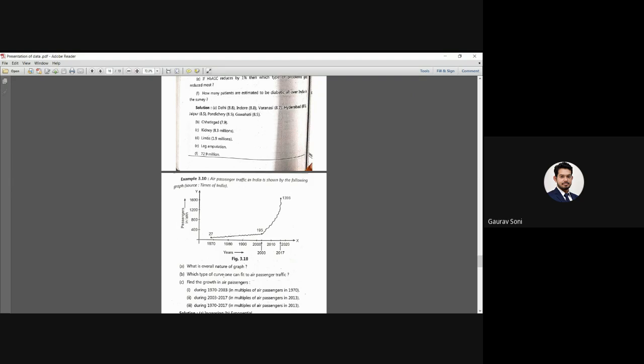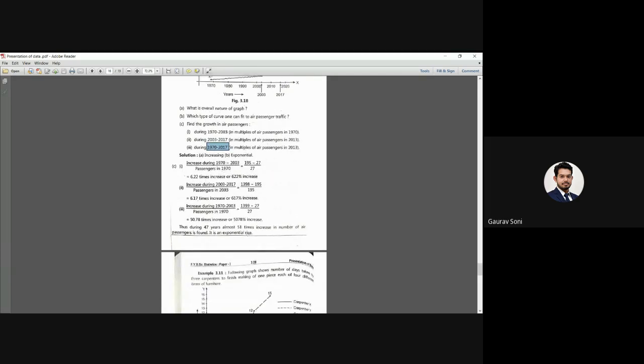The difference is almost 168. Now, 168 upon 27 will give me the percent increase in the air passengers. Similarly, we can see the data below for 2003 and 2017.